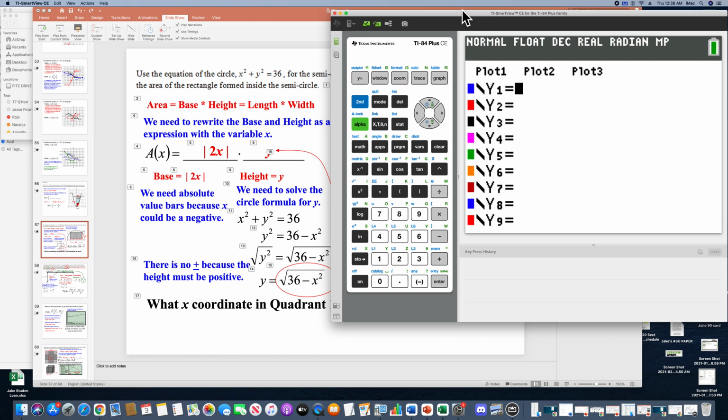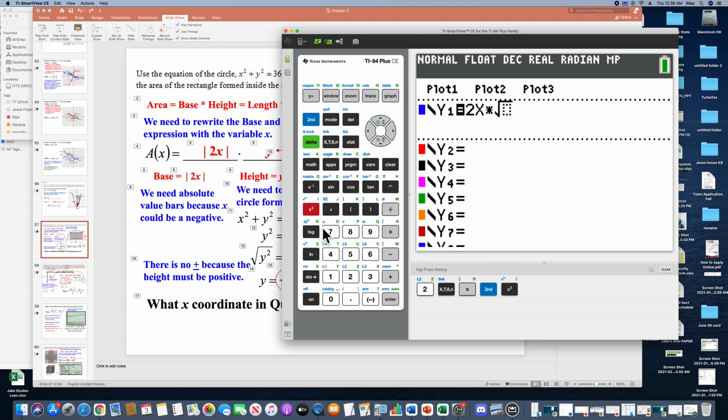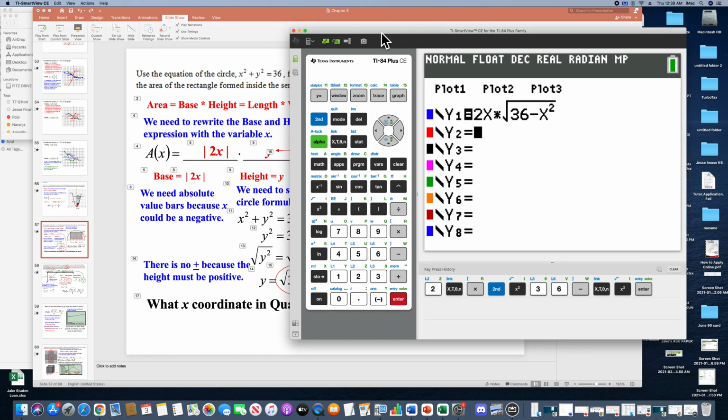I'm going to change my y1 to 2x times the square root of 36 minus x squared. Enter. There's my function.